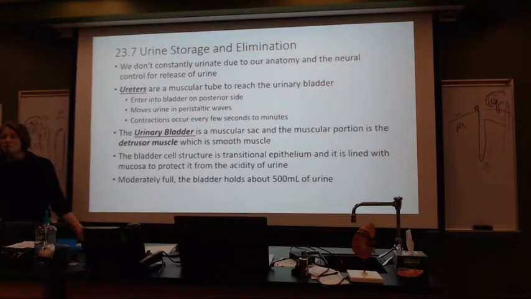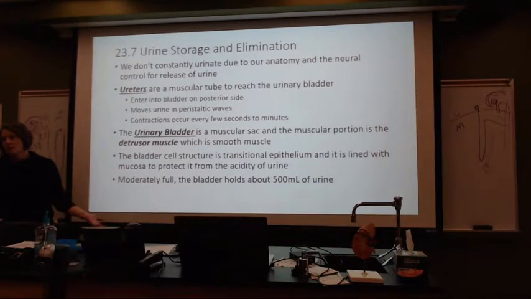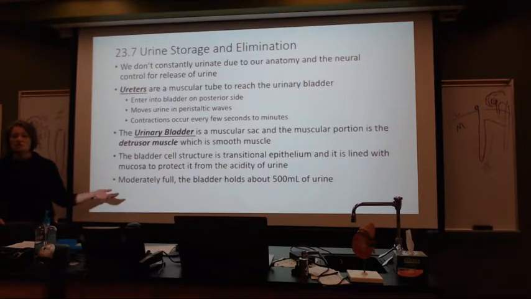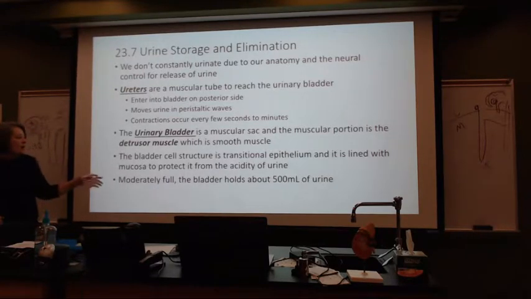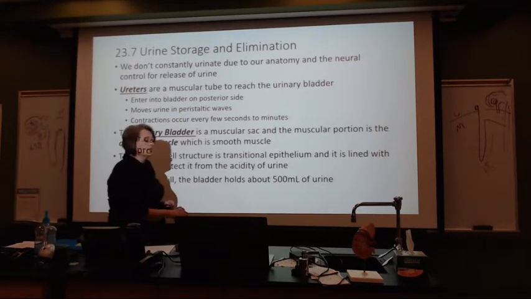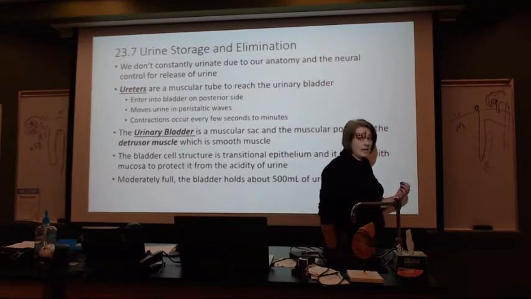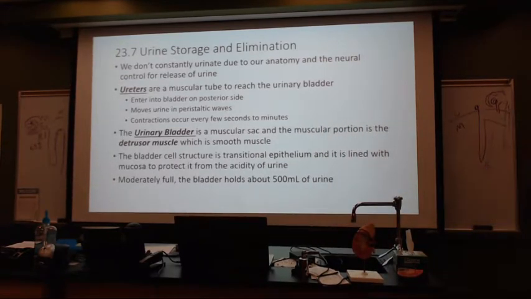It's smooth muscle, therefore under the control of the autonomic nervous system. The cell structure of the bladder is transitional epithelium, where the cells look like they can collapse and expand back out. And that's what they do.